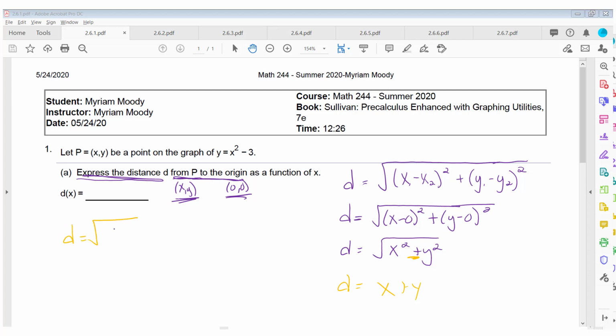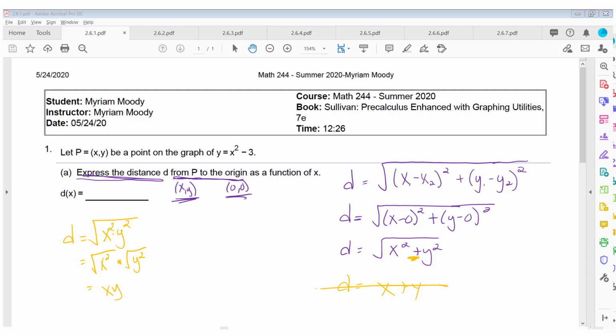If there was multiplication between them, such as d equals the square root of x squared times y squared, the multiplication in between will allow me to split these up and take the square root individually. However, this addition sign will not let me do that, which means it does not allow me to take the square root of x and the square root of y and add them together. So our distance would be the square root of x squared plus y squared. Good? Remember, only multiplication and division allow me to look at things separately.